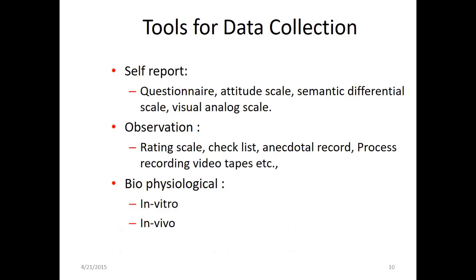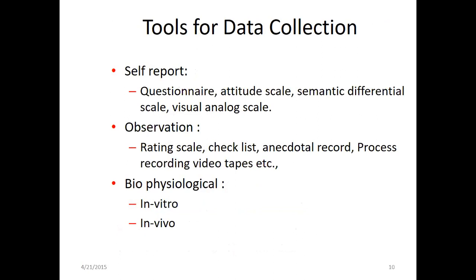Then these are tools. Tools will be things like self-report, in which case you're talking of a questionnaire, attitudinal scales, semantic differential scale, visual analog scale. We'll discuss this, and then observation with their examples there.